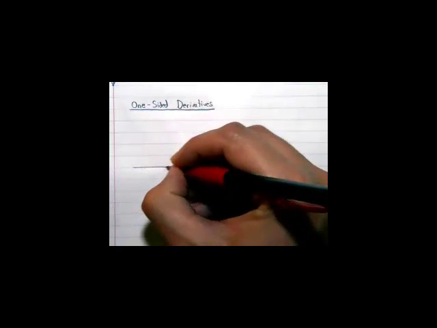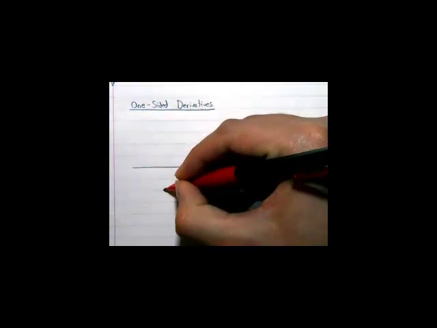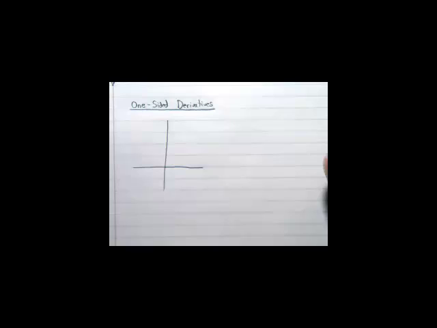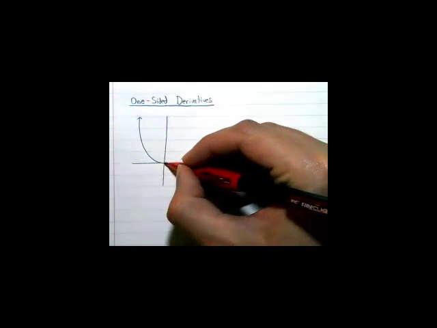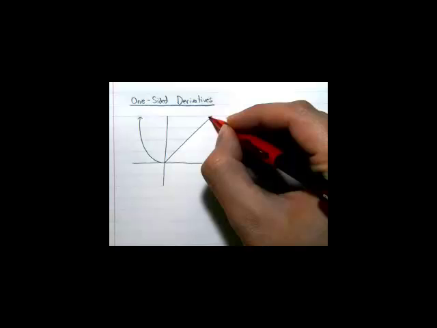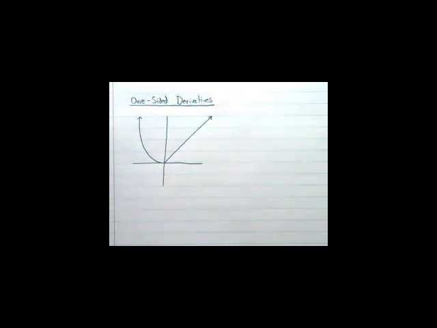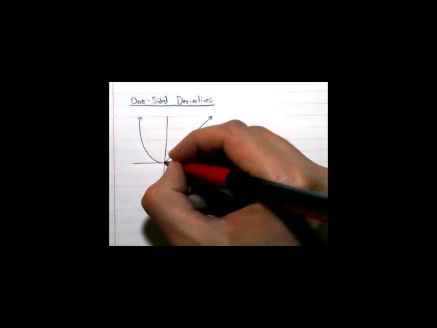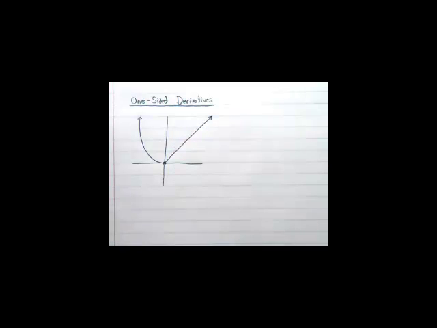So let's say I have a function that looks something like this. What's the derivative at 0?